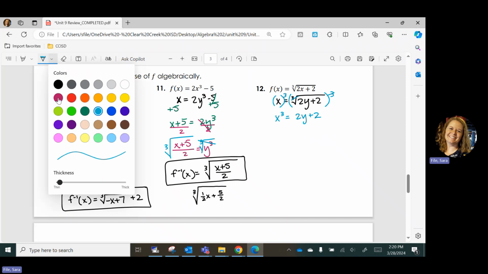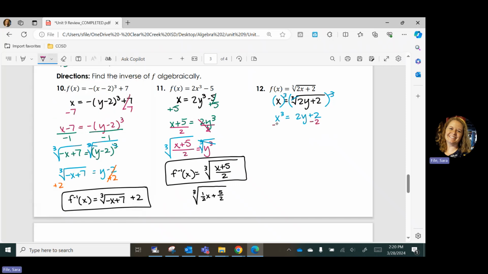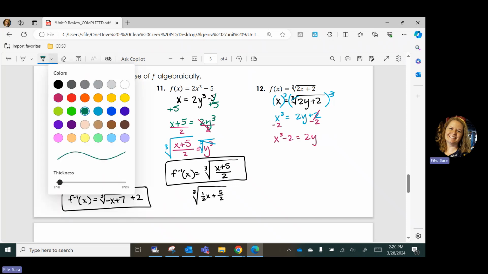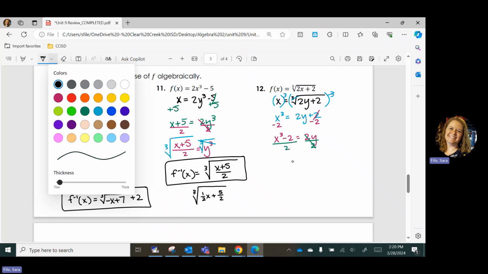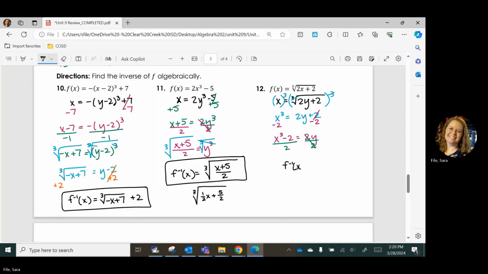Now we need to move our constant. And now we need to move our coefficient. Everything gets divided. So again, a couple of options on how you would write this. Put it back in function notation as the inverse.